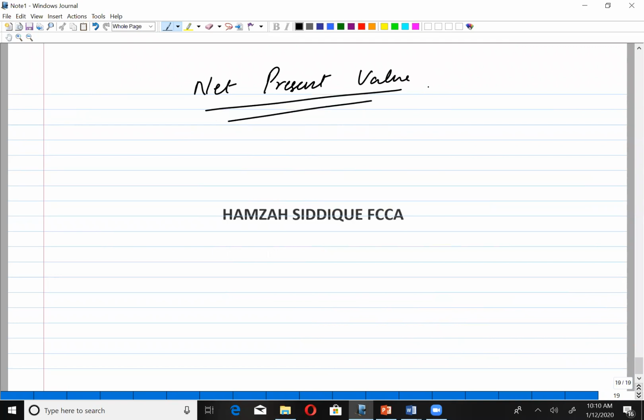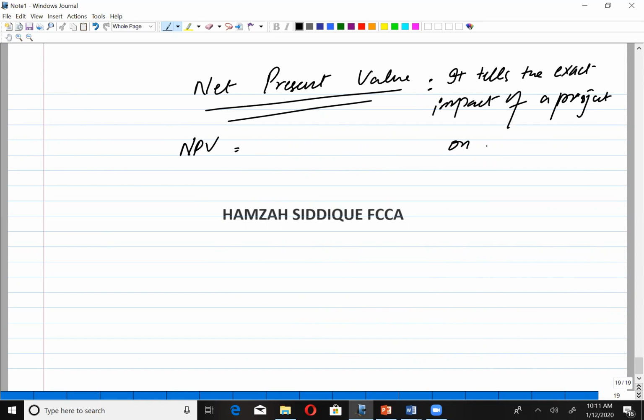Net present value is a method of investment appraisal. NPV, we know how it is calculated. Basically, this method of investment appraisal tells the exact impact of a project on shareholders' wealth.